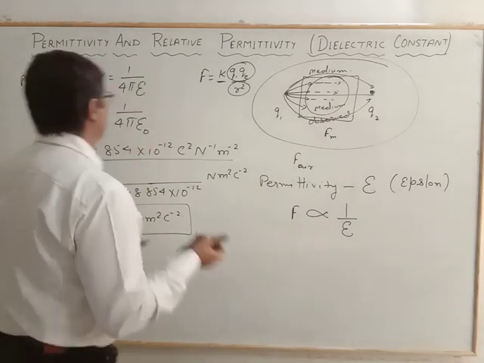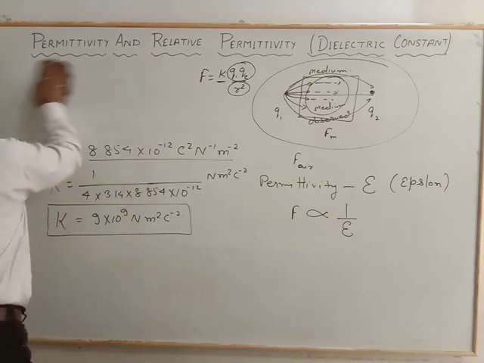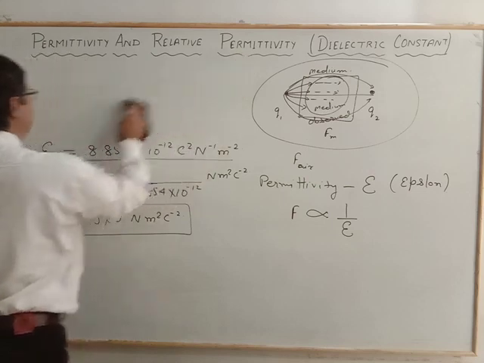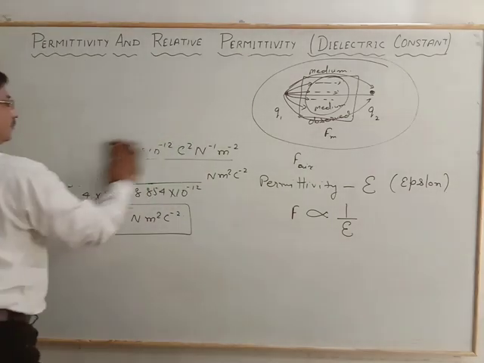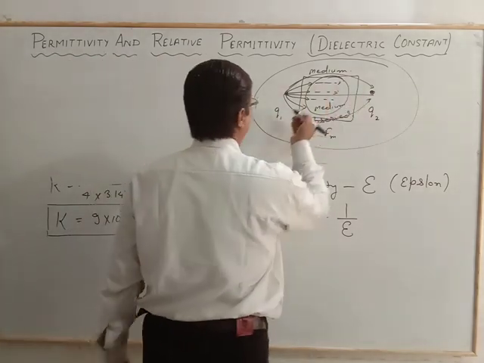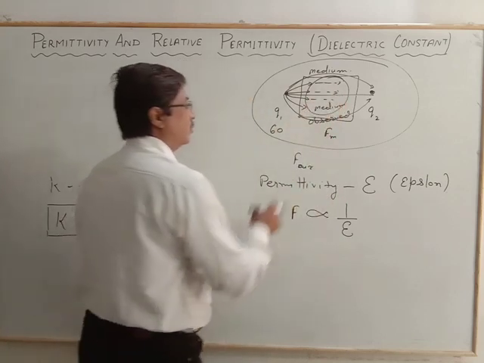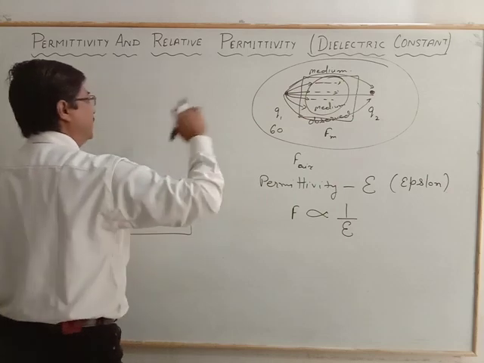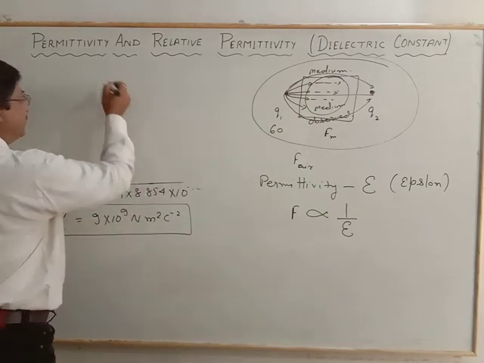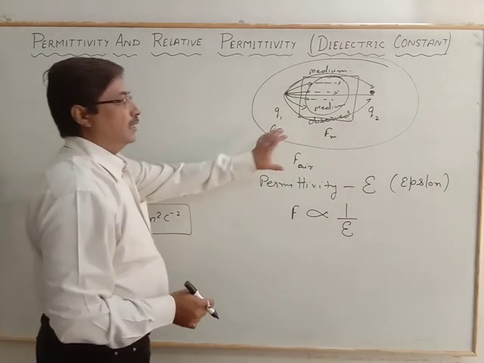Now, one more thing: what about the absolute value of the permittivity? Absolute permittivity for the medium is the following. Suppose there are some lines and out of that, 60 lines are absorbed by the medium. So in total, if we consider air, that is epsilon naught. In that case the absolute value is 60, that is the numeric or quantitative value.